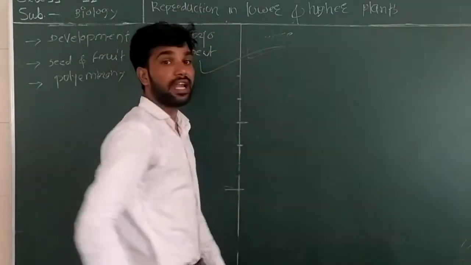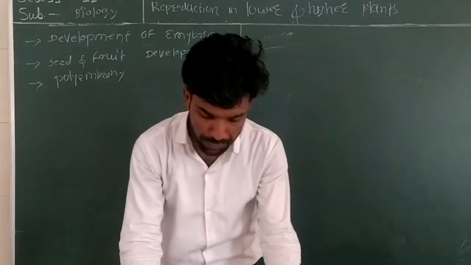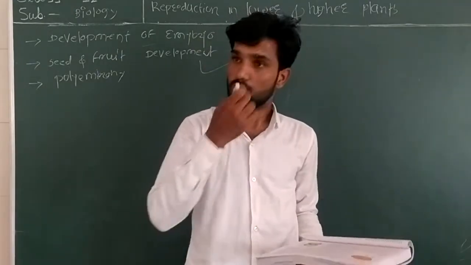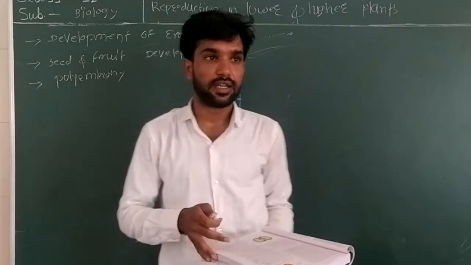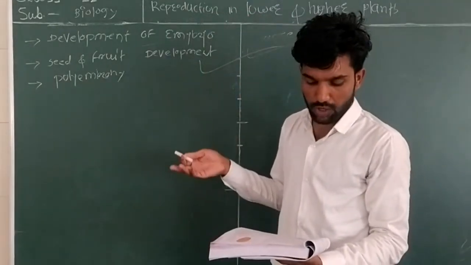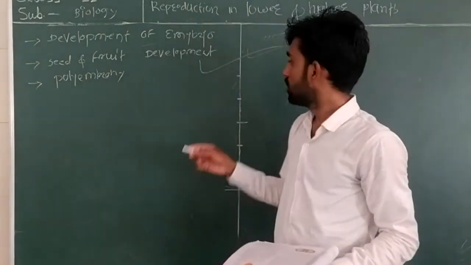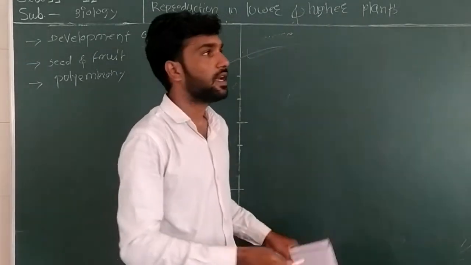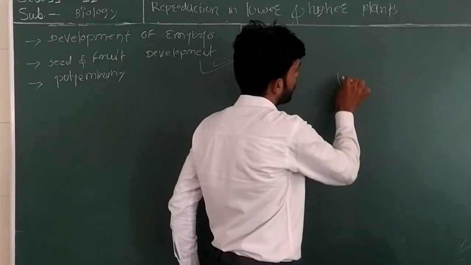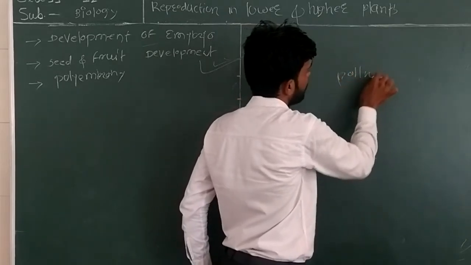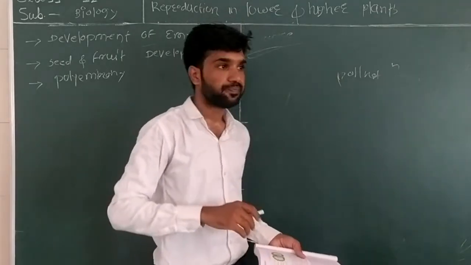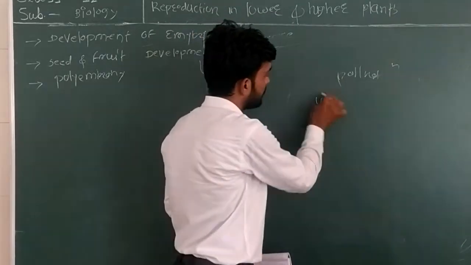How do the seed and fruit get developed? The goal of reproduction in every living organism is to continue the species, to continue the genetics. So flowering plants produce offspring by seeds. Some flowers are pollinated by birds and insects, but some are not, so they reproduce with seeds.